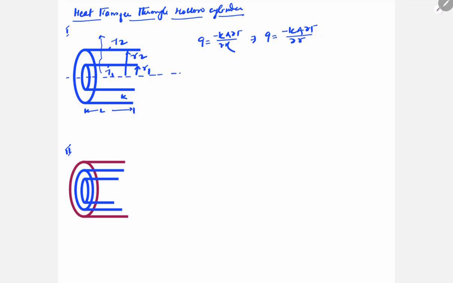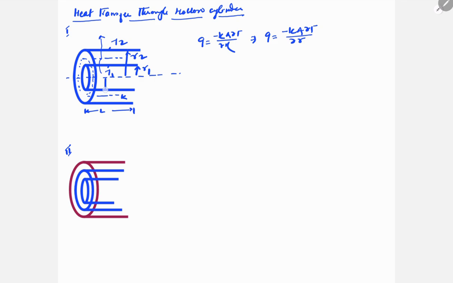So in this equation, as we are changing the radius, the cross section area will also change. This equation represents a very thin layer of the cylinder.